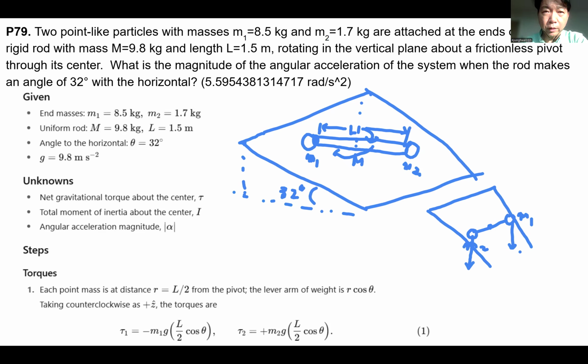If m1 is much heavier than m2, then there is a difference between these gravitational forces, and it is going to rotate about this axis. The main driving force for this rotation is the torque given by these two masses.